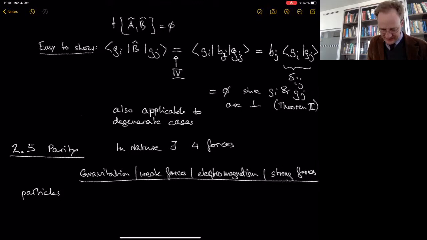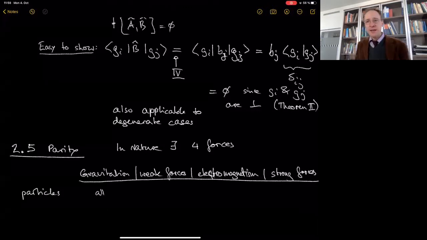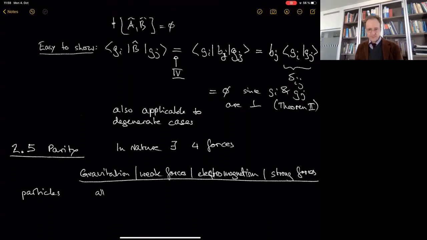Gravitation acts on all particles, also on your molecules. So don't underestimate gravitation. It's definitely a part of the entire picture.